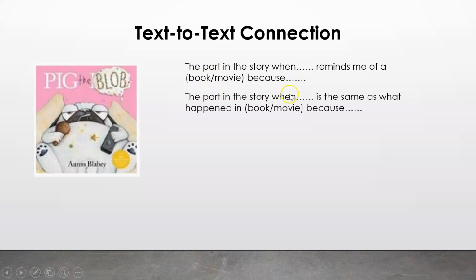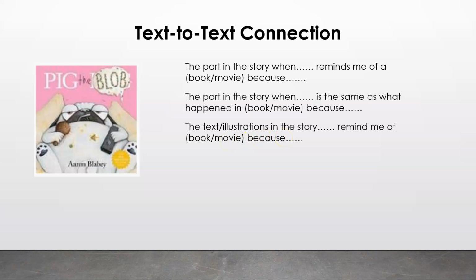The part in the story when is the same as what happened in a book or movie because. The text and illustrations in the story remind me of a particular book or movie because. So when you make that connection, you need to tell us why and how you have connected it to the other text.